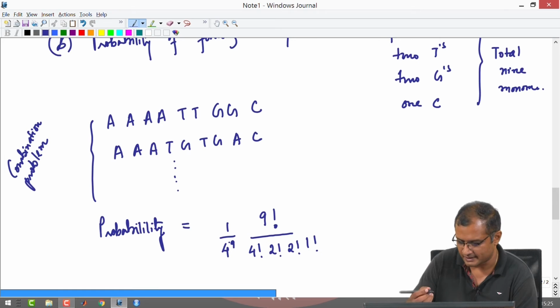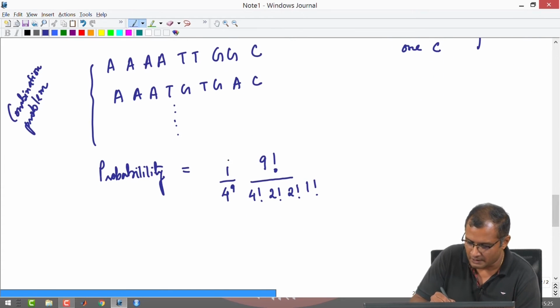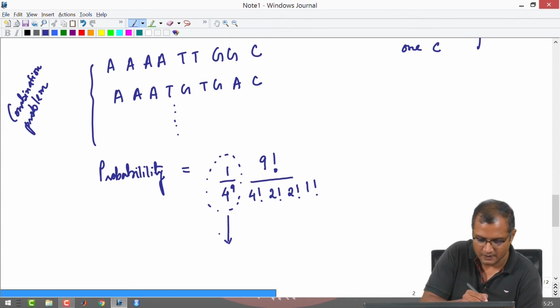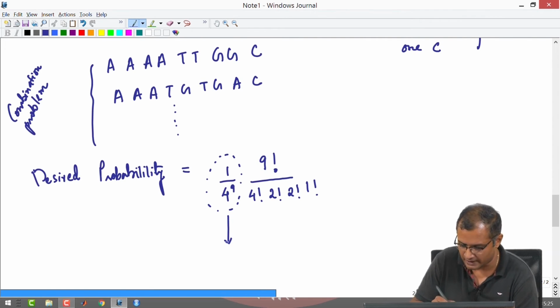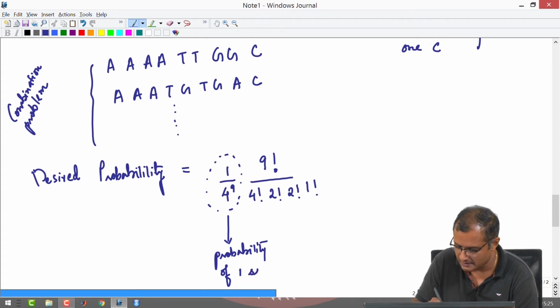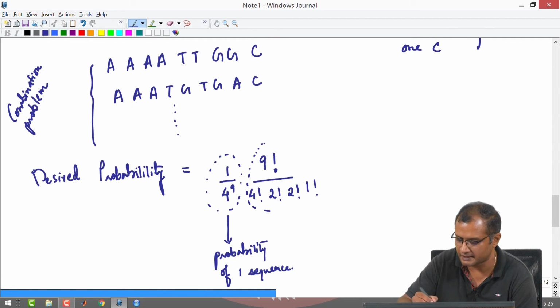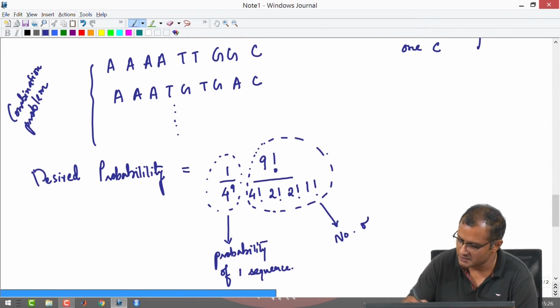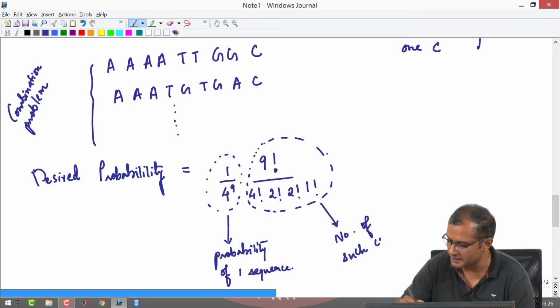One way to interpret this is that 1 upon 4 to the power 9 is the probability of one sequence, and this combinatorial factor is the number of such combinations.